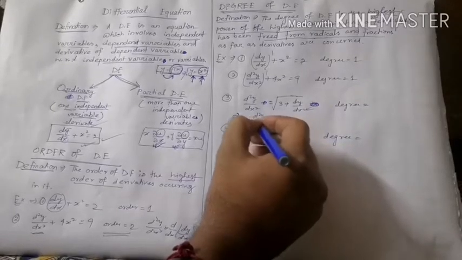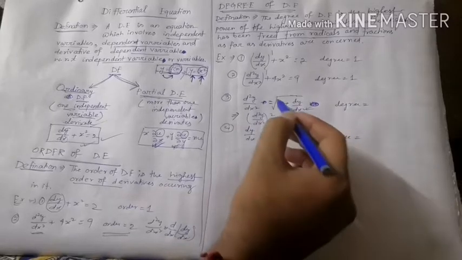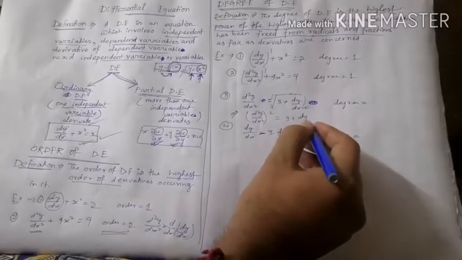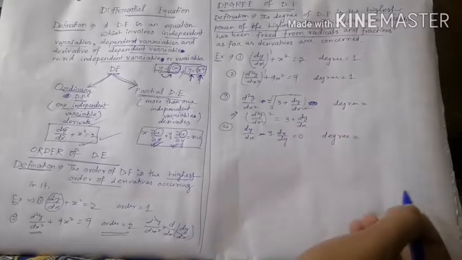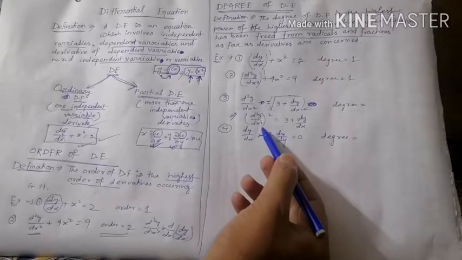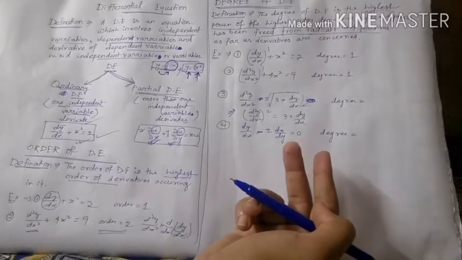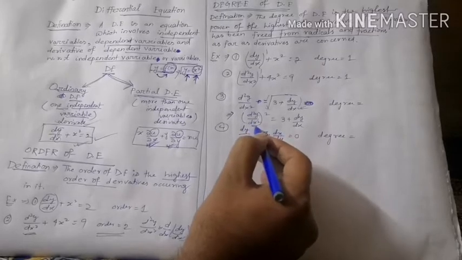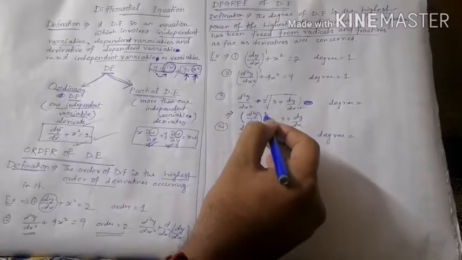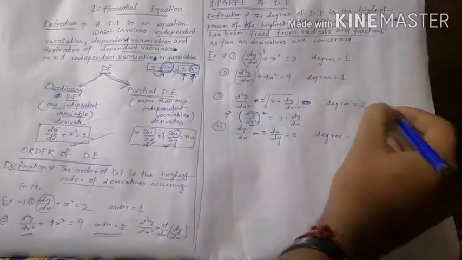So what we will get? (d²y/dx²)² = 3 + dy/dx. So in that case, the order is 2, the highest order derivative being the second derivative of y with respect to x. But the highest power of the highest order derivative is 2. So here the degree is 2.